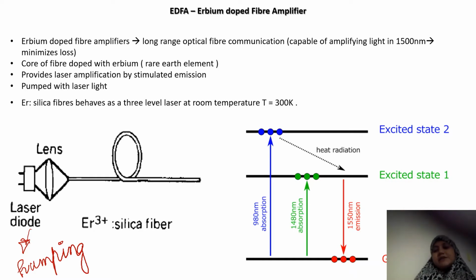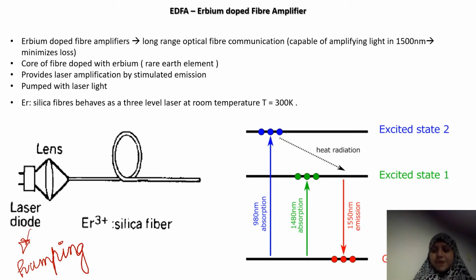As soon as a signal photon arrives, it will stimulate the atoms in the excited state to drop down, and in the process it will emit a clone photon of the signal photon. This erbium silica fiber behaves as a 3-level laser at room temperature, which is 300 Kelvin.